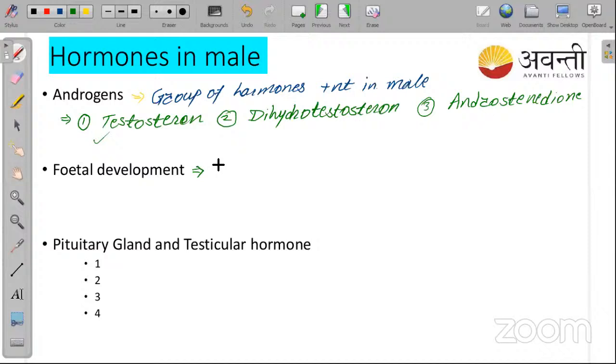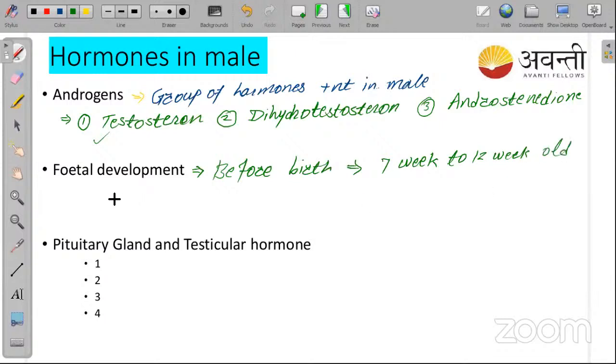So before birth, when the fetus is 7 weeks to 12 weeks old, at that period some testosterone hormone is secreted. How is this testosterone hormone secreted?